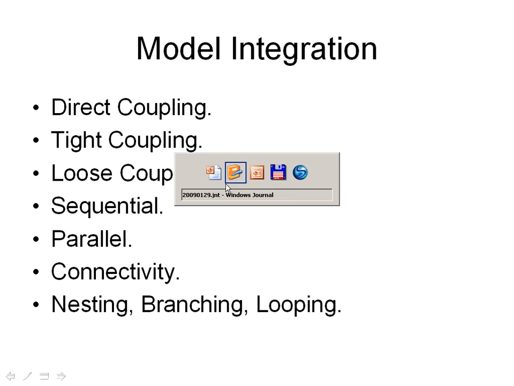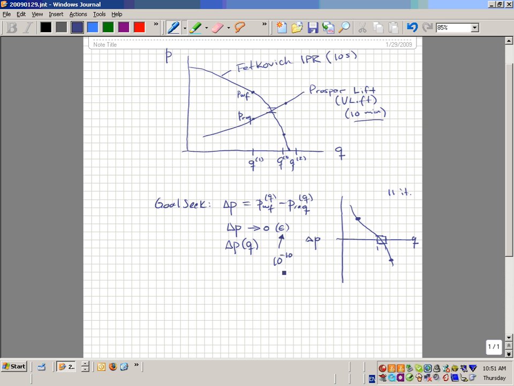Loose coupling I would consider where you let this grow to one barrel per day or 1 psi type tolerance. You allow some error. You don't converge it completely. You get along 3 iterations, you're there.